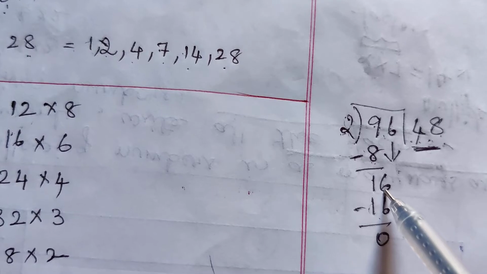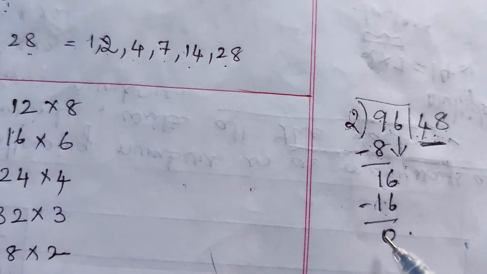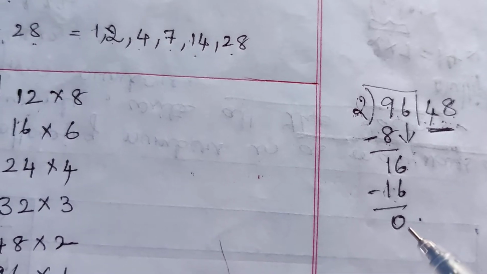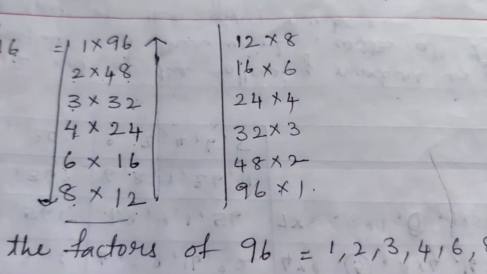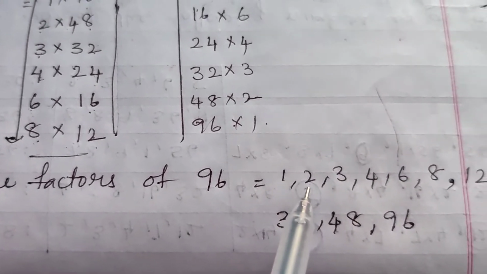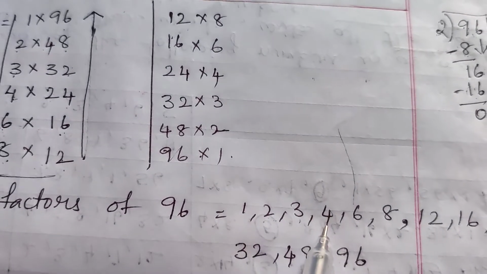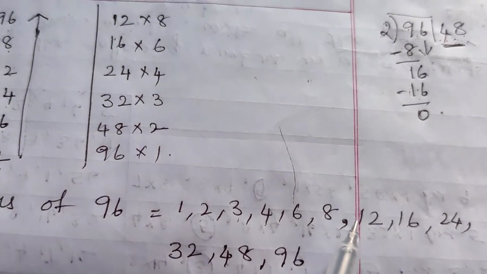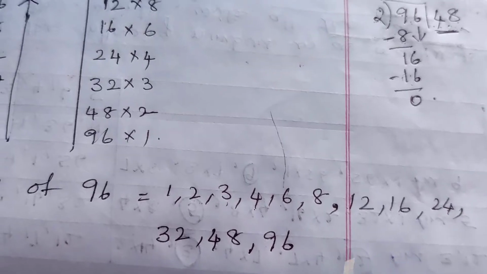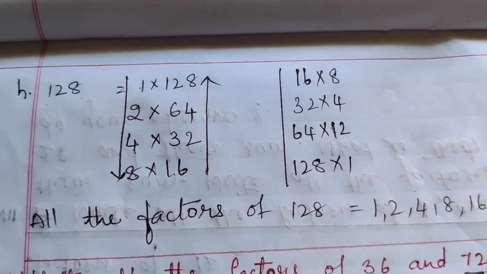Get down 6. Now it is 16. 2 eights is 16. After subtraction it is 0. Right? So all the factors of 96 equal 1, 2, 3, 4, 6, 8, 12, 16, 24, 32, 48 and 96. In the same way children, 128.